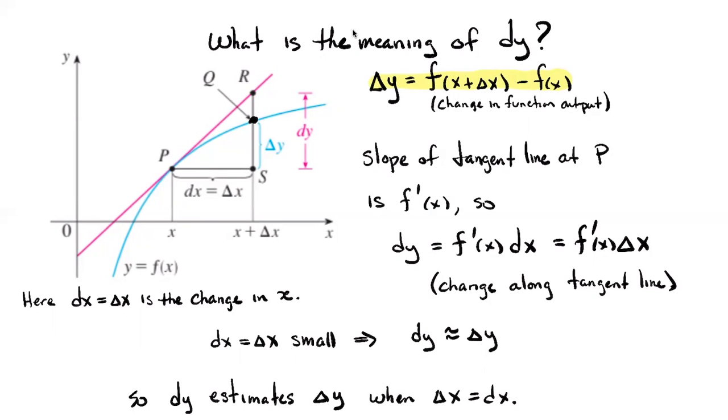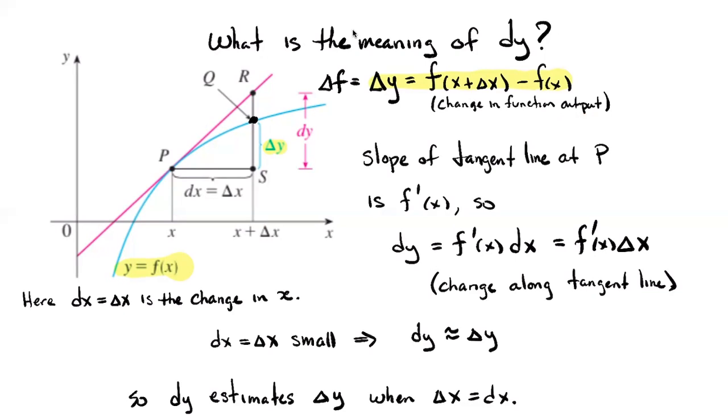Delta Y is how much Y changes when you change X along the curve, along the function Y equals f of X. So you can also write that delta F. If you see me writing that, I mean the same thing. So delta F, delta Y, it's delta output. It's the change in the function's output.